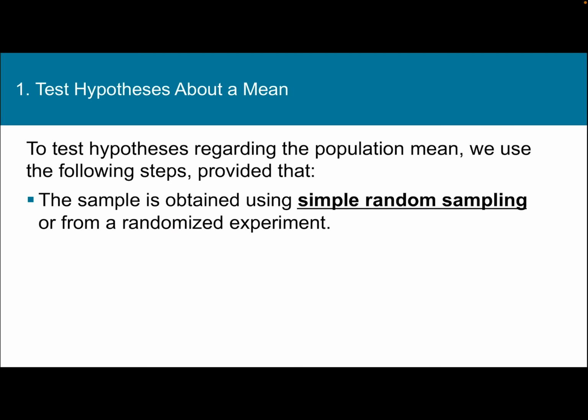Our steps for our hypothesis testing are as follows. First, we find an SRS, a simple random sample. Or we use a randomized experiment. We need to check to be sure that our sample has no outliers.